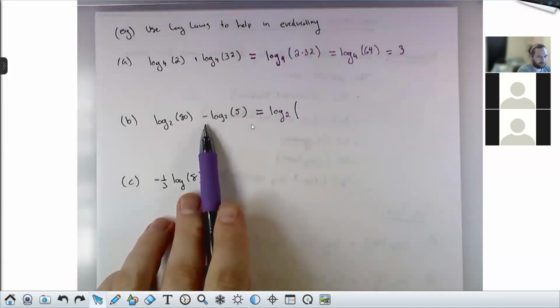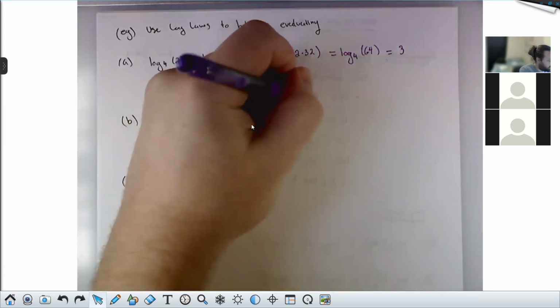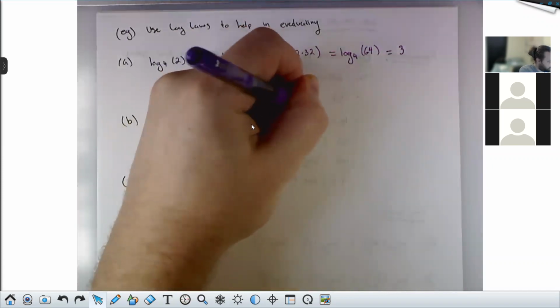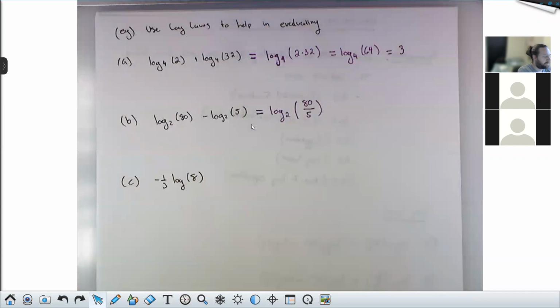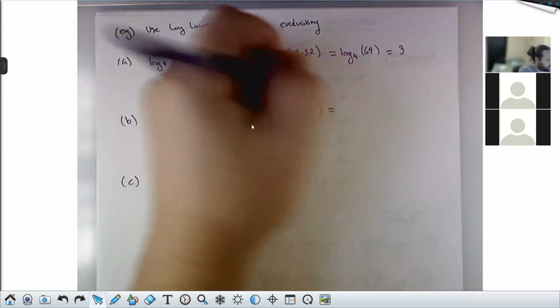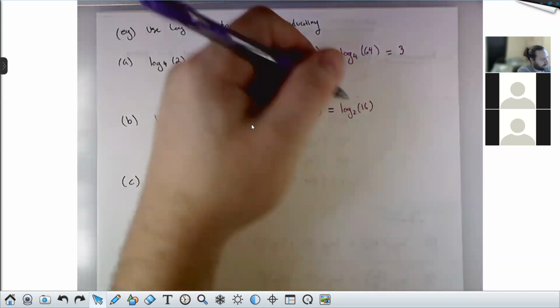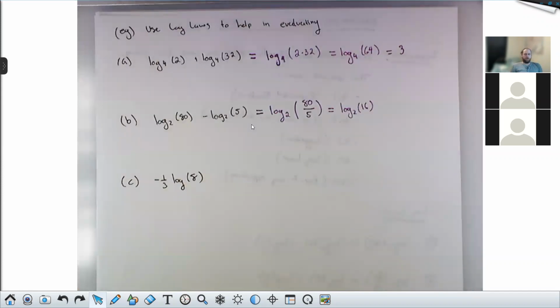That means we're going to do division inside. And what goes inside is this over this. So that's the base 2 log of 80 over 5. And 5 goes into 80 16 times. So this is the base 2 log of 16. How do we find the base 2 log of 16? What is that?